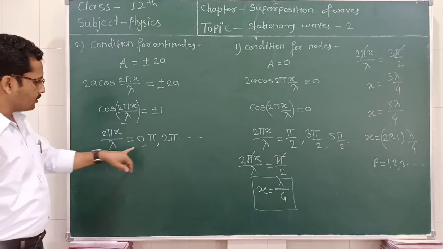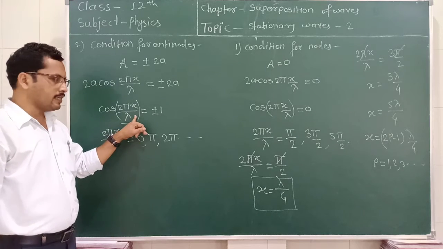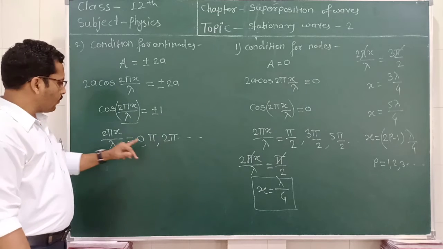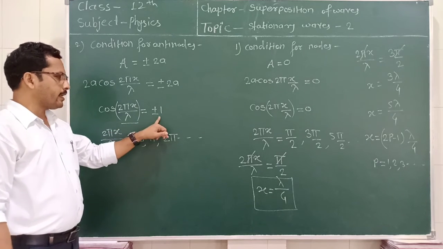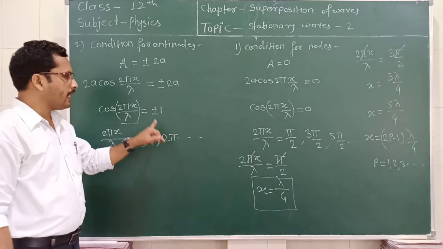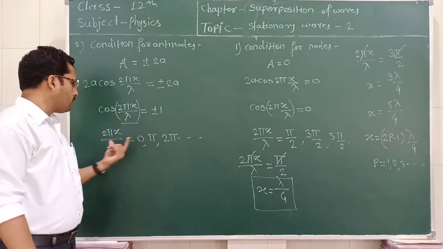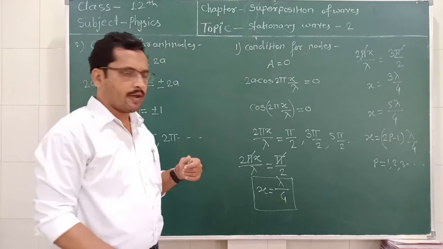If we keep 2 pi x upon lambda equal to 0 in this equation, it comes out to be plus 1. If we keep pi in this equation, it comes out to be minus 1. If we keep 2 pi, it is again equal to plus 1. So if we keep these values of the angle, we get the values plus 1 and minus 1.